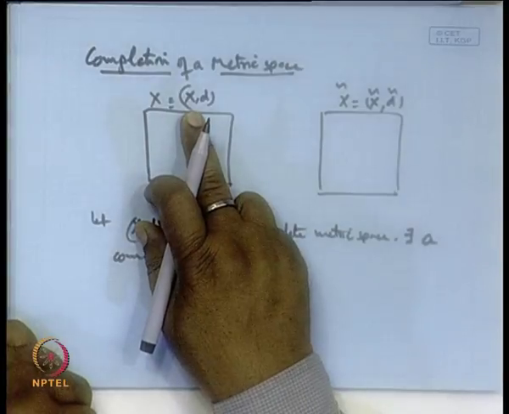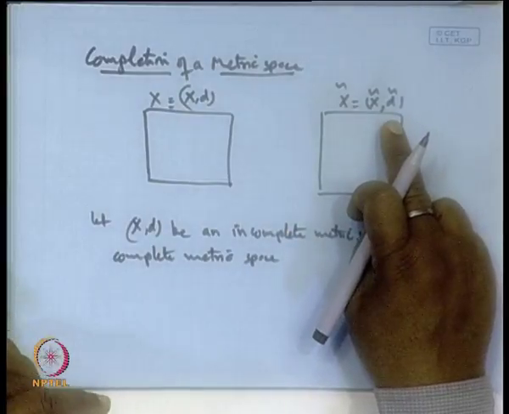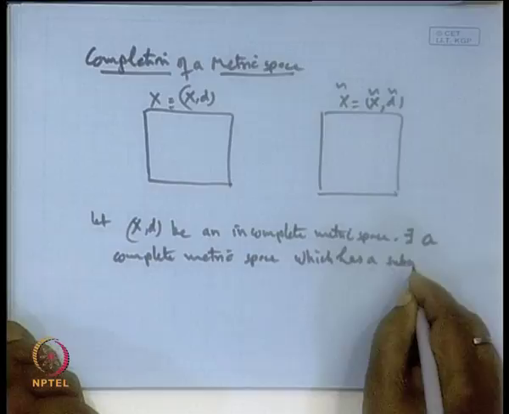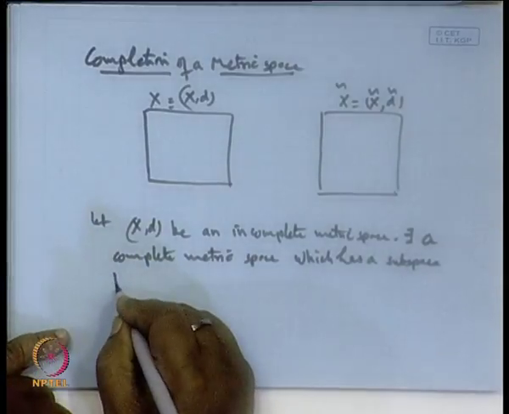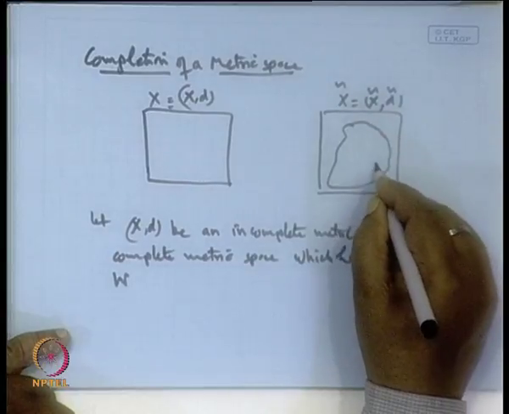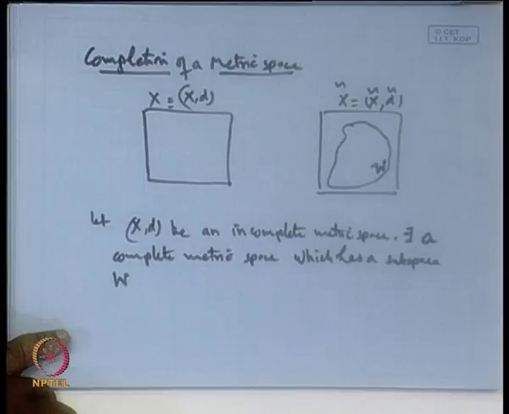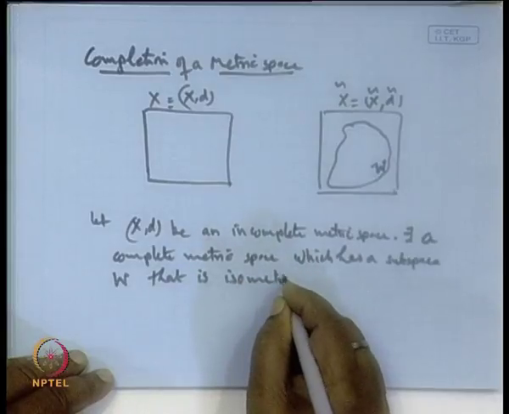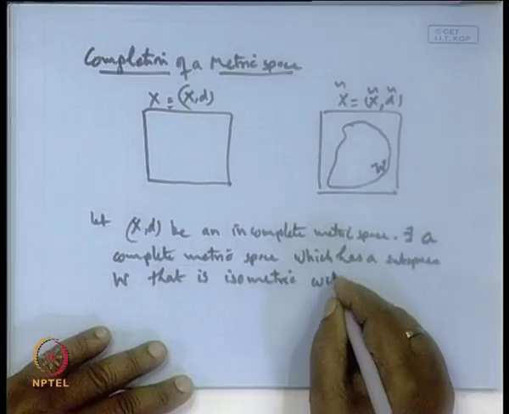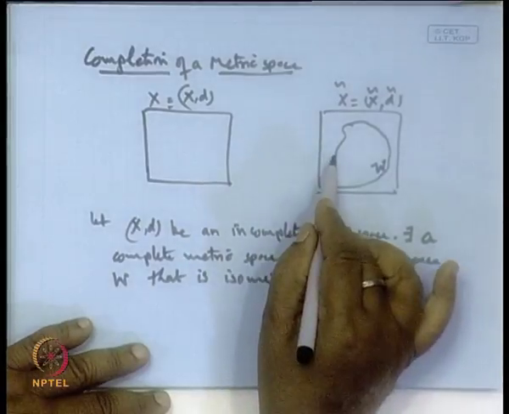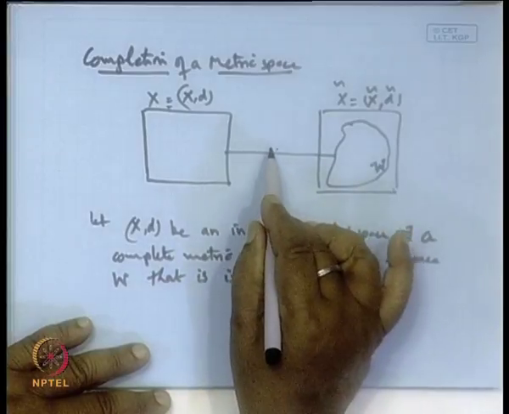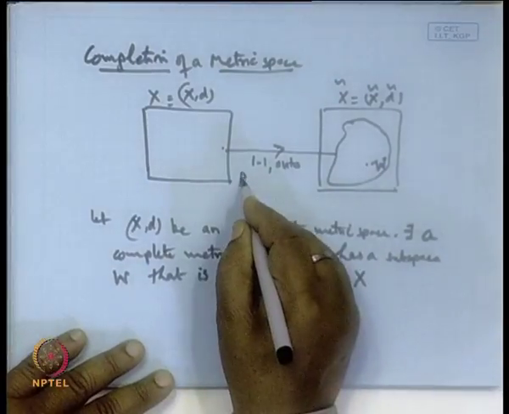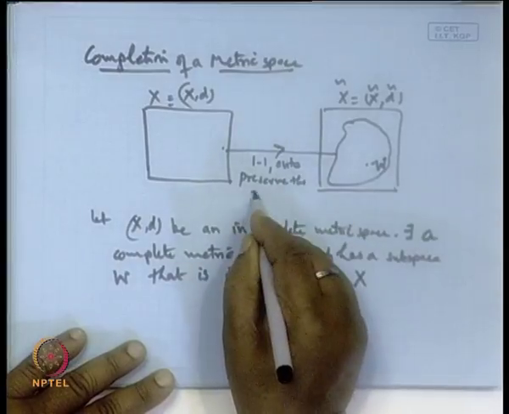Corresponding to each incomplete metric space there exists a complete metric space X delta, which has a subspace W that is isometric with X, that is, we can find a mapping from X to W which is 1-1 onto and preserves the distances.